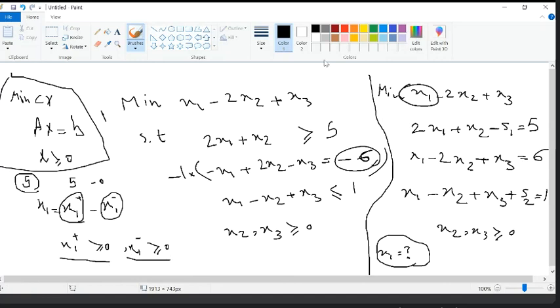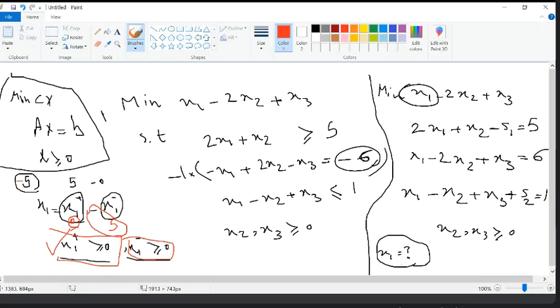If we have x1 equal to minus 5, then we have x1 plus is 0 and x1 minus is 5. x1 plus is 0, correct in this constraint, and x1 minus is positive 5 and x1 is minus 5. This transformation solves my problem.